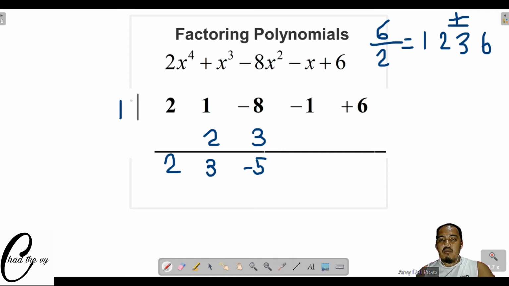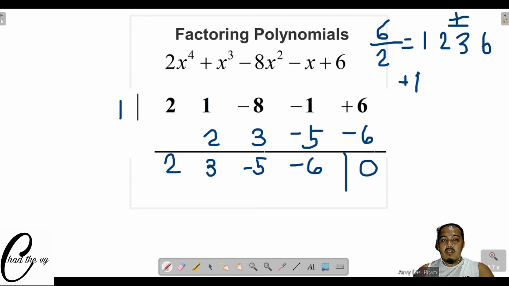Negative 5 times 1 is negative 5. And add natin sa negative 1, negative 6. Then copy the sign. Then 1 times negative 6 is negative 6. Now as you can see, 0 dito. So it means that positive 1 now is a factor of the given polynomials.